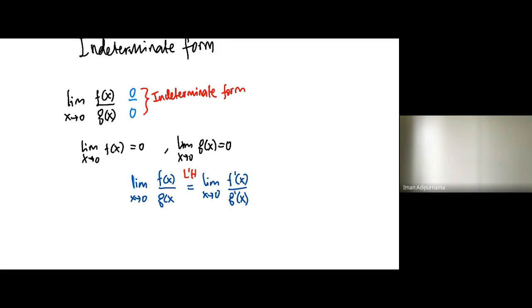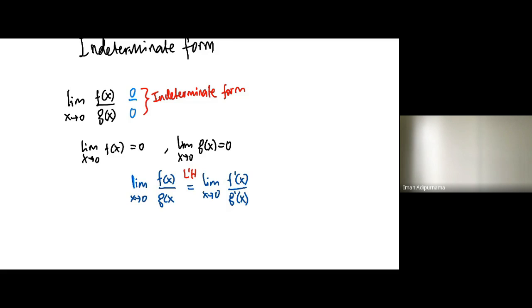So in practice, when solving problems, when you find a limit and see a 0 over 0 situation, what you can do is L'Hopital. You can differentiate the top and differentiate the bottom.